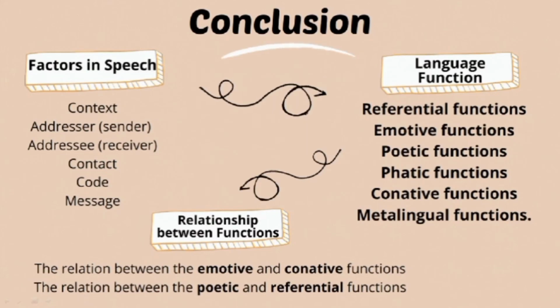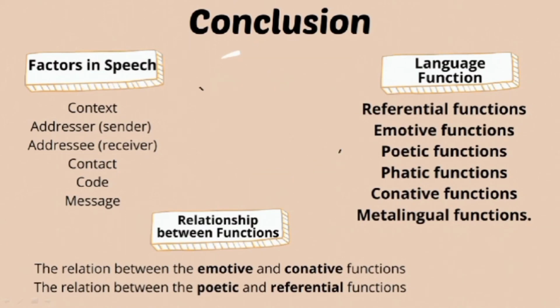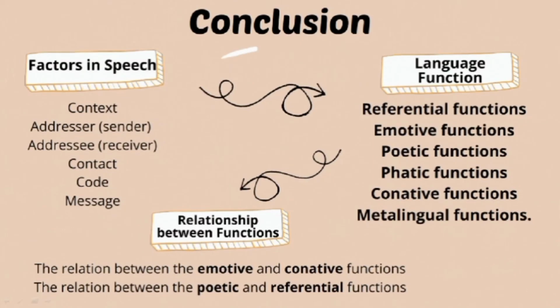The metalingual function is a language used to describe matters related to the language itself, such as definition and explanation. Then there is a relationship between functions. These are the relation between the emotive and conative functions, and the relation between the poetic and referential functions.